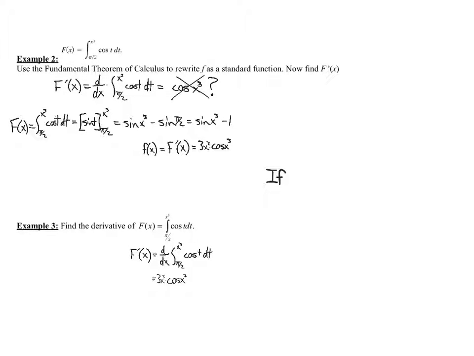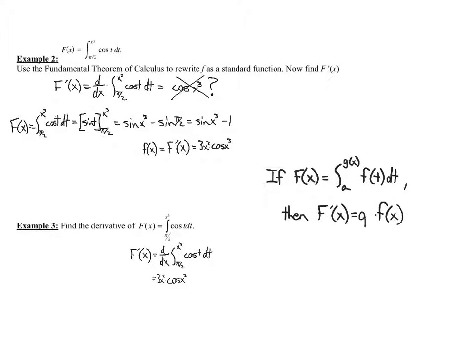If capital F of x is the integral from a to some function, let's call it g of x, of f of t dt, then F prime is going to equal f of x times what?